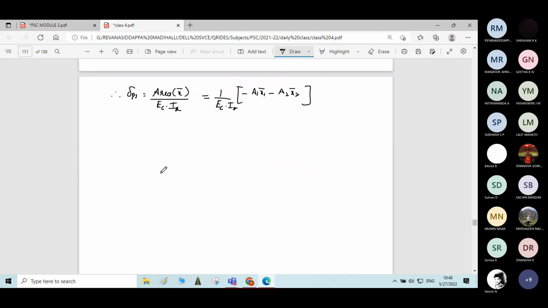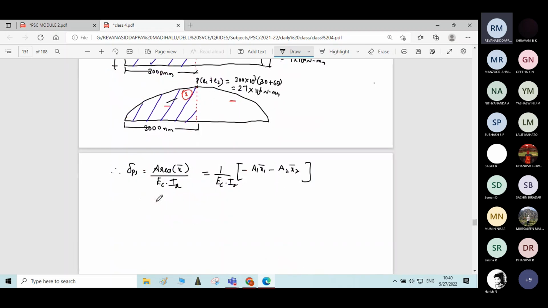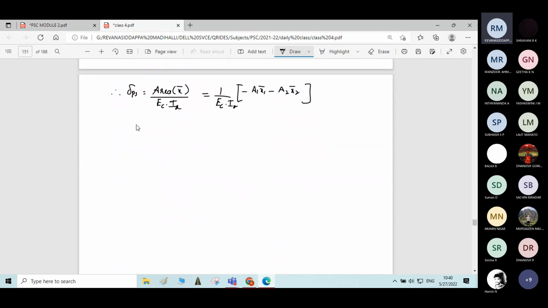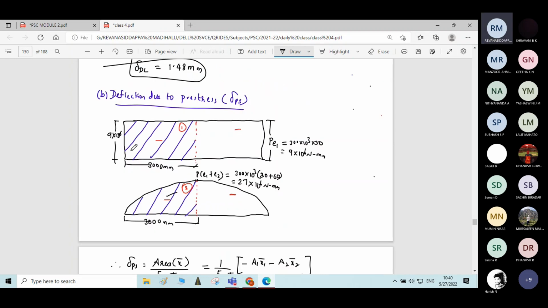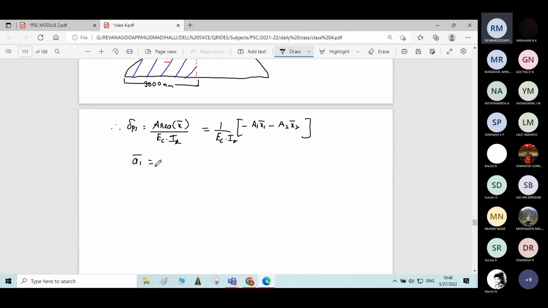Okay. Now you find A1 x1 bar and A2 x2 bar. Therefore A1 is equal to height 9 into 10 power 6, base width 3000. Therefore 3000 into 9 into 10 power 6. If you calculate, you get the A1 value as 2.7 into 10 power 10 mm square, and x1 bar.